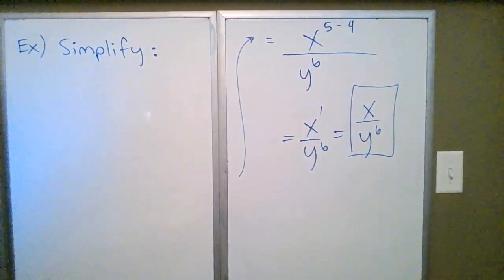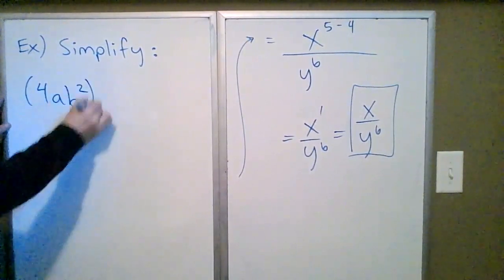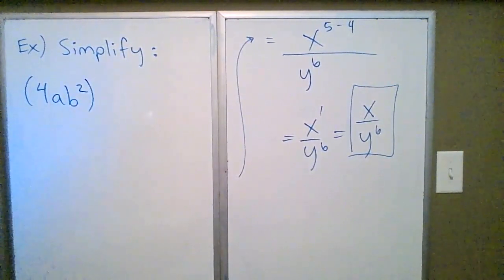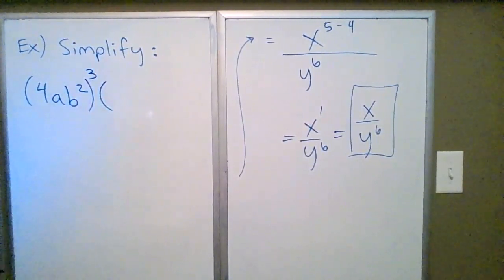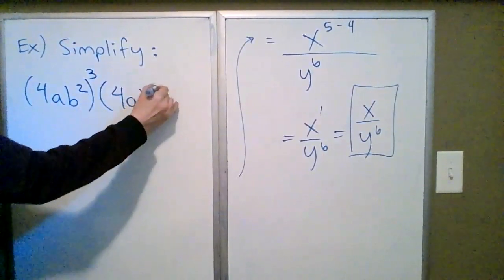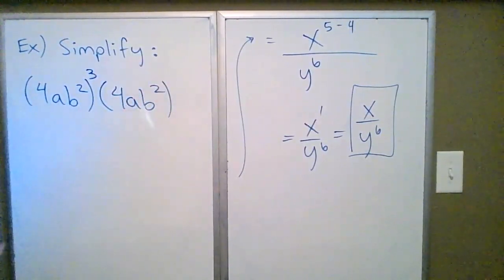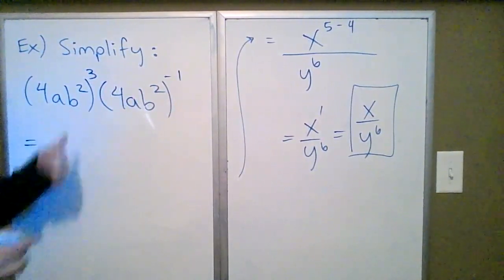It's 4ab squared, like this. It has a power of 3. It's multiplied with 4ab squared. And that has a power of -1. So what I'm going to do, especially after reading it out loud, I'm going to take a base of 4ab squared.